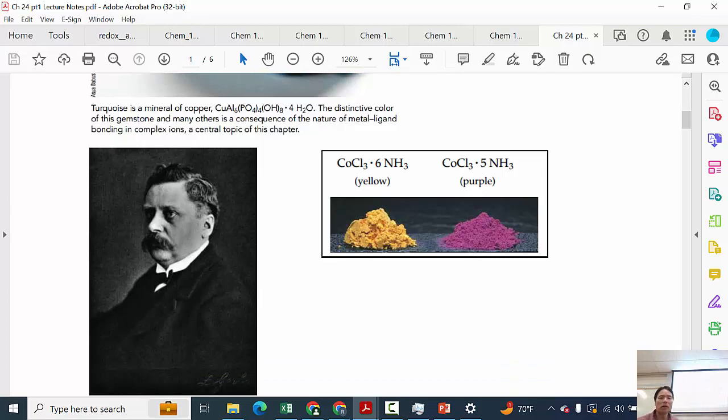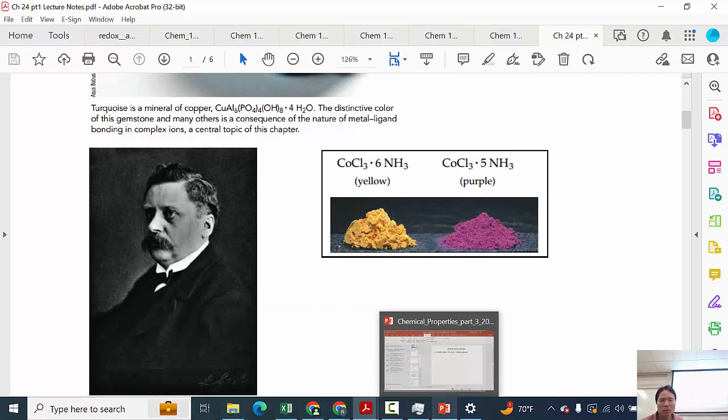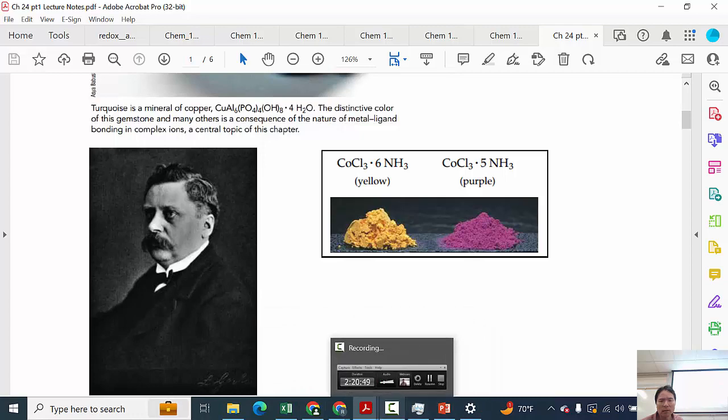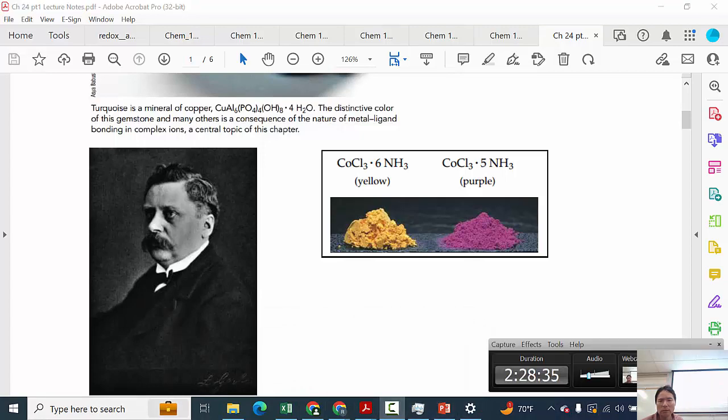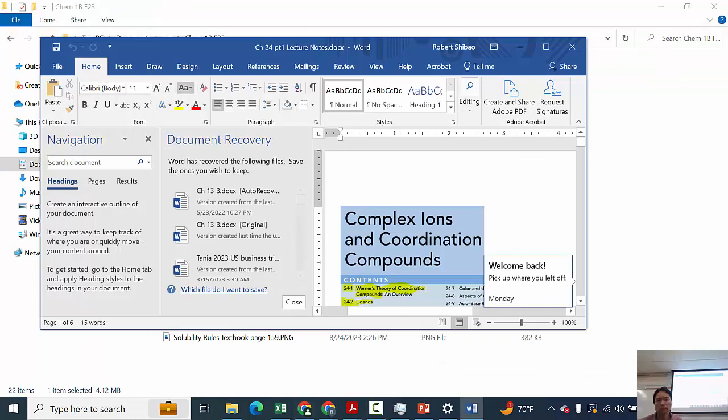But there is some unusual behavior. So the color is one thing. They definitely have a distinctive color depending on how many ammonias you can stick in there. But there's one more thing that was a bit off. And so let me show.